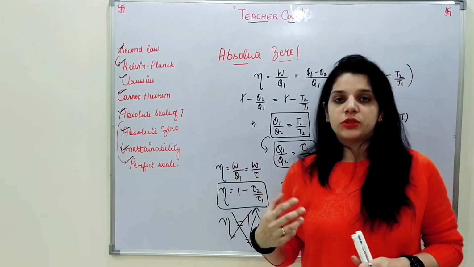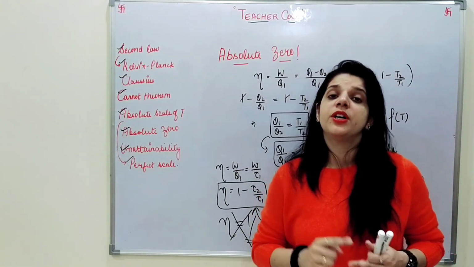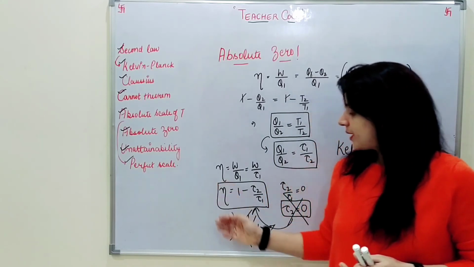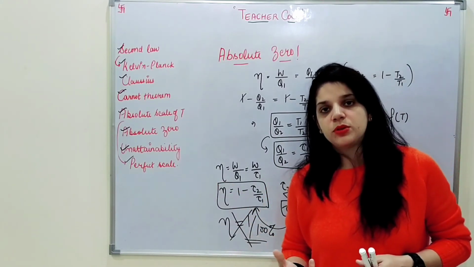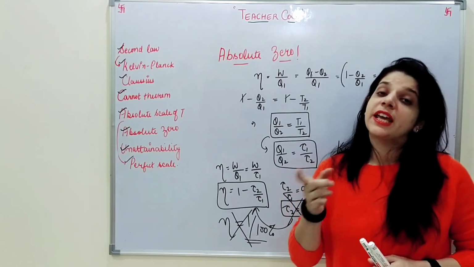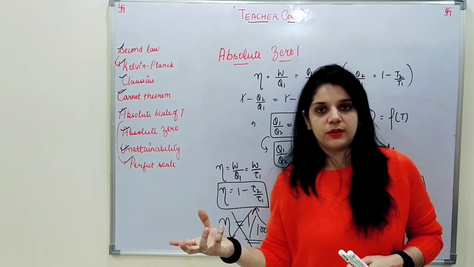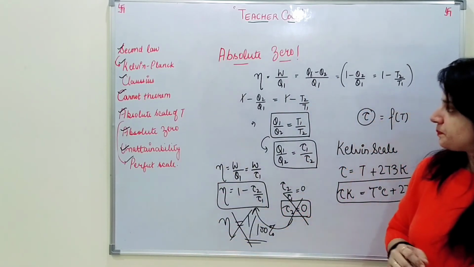Then we did the absolute scale of temperature, why we were introduced to it, what is absolute zero, and why we cannot attain the absolute zero temperature, and why we cannot have 100% efficiency of a heat engine or a refrigerator. So this was all for today.